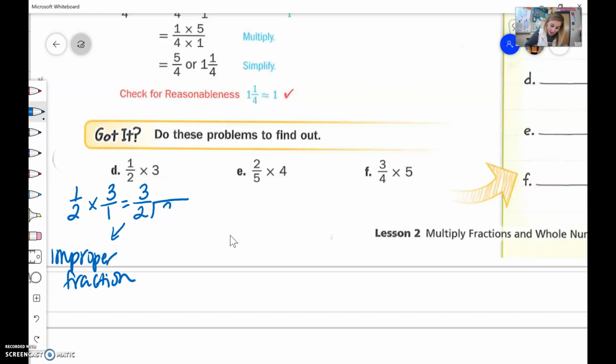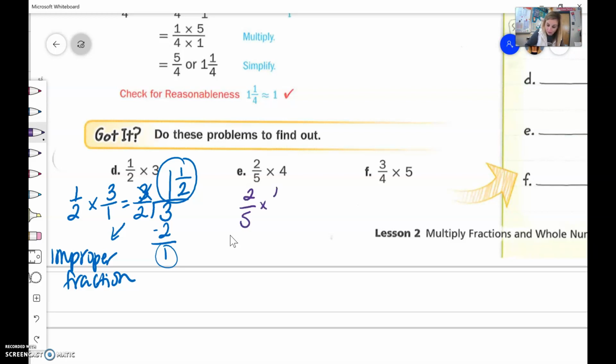So therefore I have to divide. I know that goes in 1 whole, and I'm going to subtract. I have a leftover number. That remainder becomes my numerator, and my number that was my denominator stays my denominator, so I get 1 and 1/2. Okay, let's take a look at the next one.